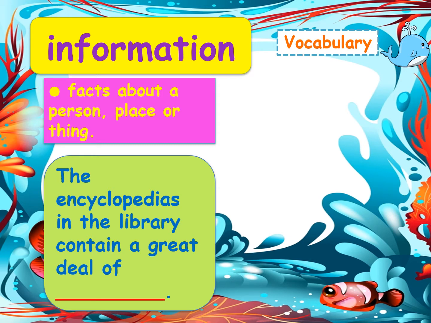So it could be some details or facts about a certain person or a place or a thing or an animal. For example, the encyclopedias in the library contain a great deal of information. If you wanted to find more information about a certain person or a place or a thing, you can read encyclopedias.